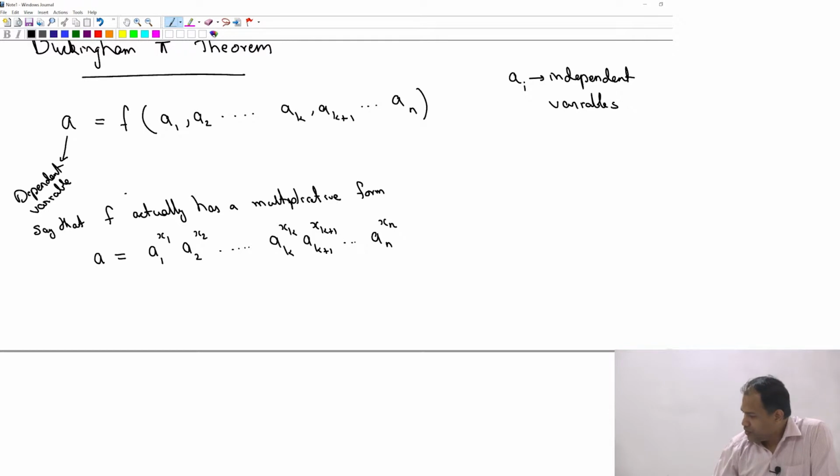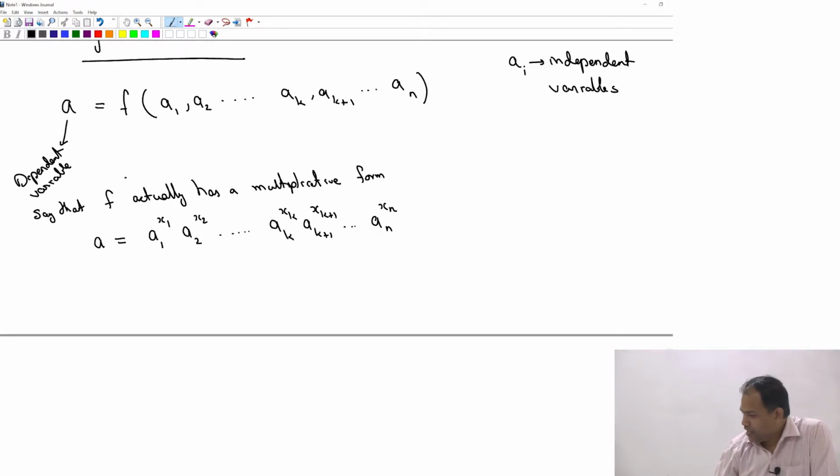And if I write down the dimensions, again I'll only worry about mass, length and time. So the dimensions on the left hand side should match with the dimensions on the right hand side.